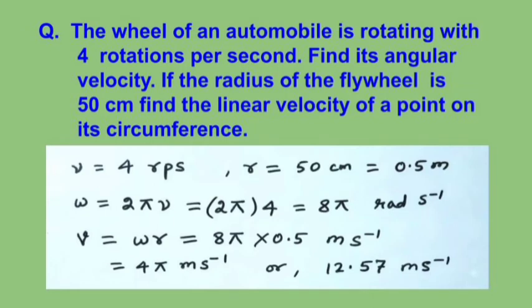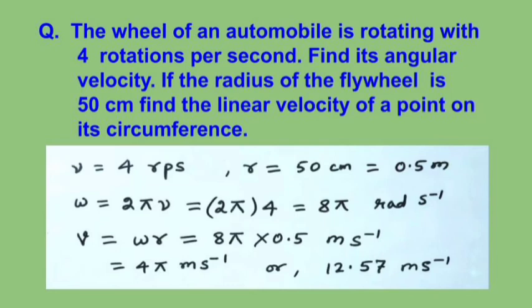Question number 2. The wheel of an automobile is rotating with 4 rotations per second. Find its angular velocity. If the radius of the flywheel is 50 centimeter, find the linear velocity of a point on its circumference. The frequency nu is equal to 4 rotations per second, and radius of flywheel r is equal to 50 centimeter, that is 0.5 meter.